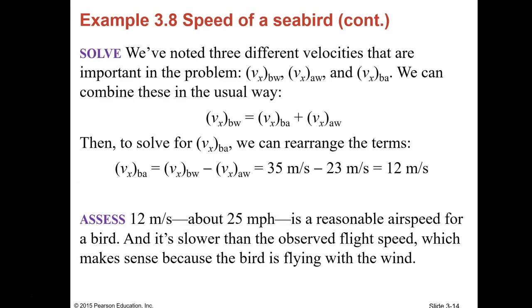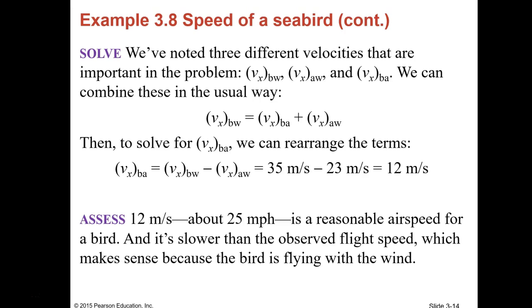Because the wind is moving at 23 meters per second, and the regular speed of the bird is 35 meters per second, the bird only has to create 12 meters per second of speed. So it doesn't have to work as hard.